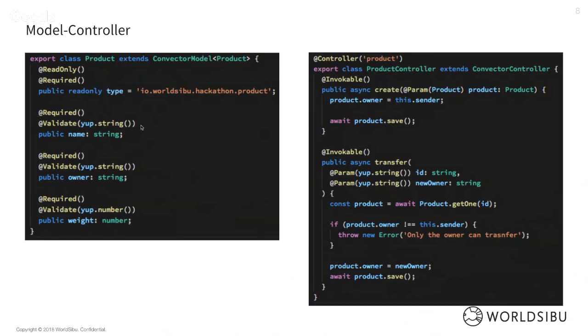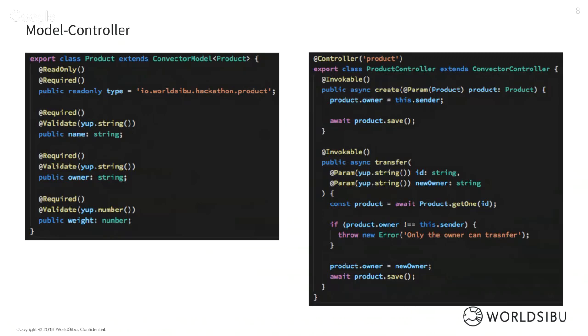So it's basically describing properties and putting some annotations, some decorators on top of it. These decorators are part of the Convector framework. They basically help you out. Don't worry about data validations. Don't worry about some naive logic that you have to build on your own code. This helps you abstract a lot of the logic that you put on your contracts.